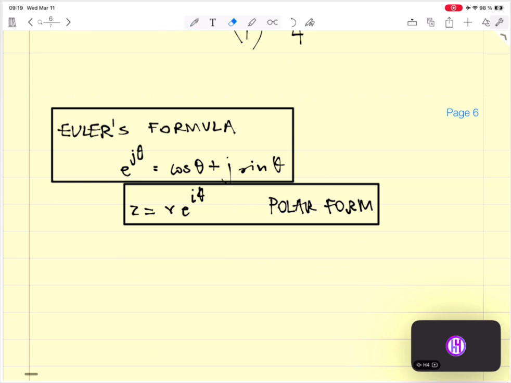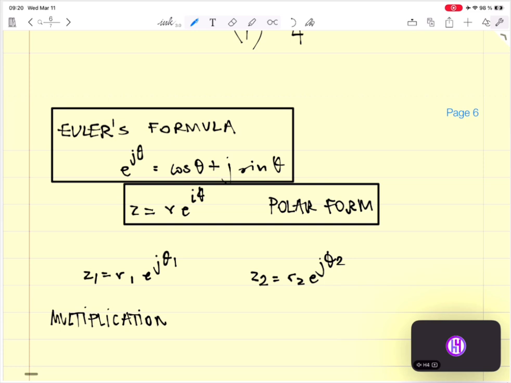So when you now multiply, if you have two complex numbers, r1 e to the j theta 1 and r2 e to the j theta 2, and you want to multiply them, then z1 times z2 becomes a piece of cake.